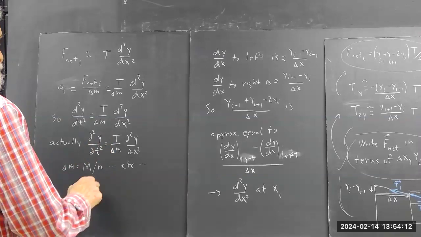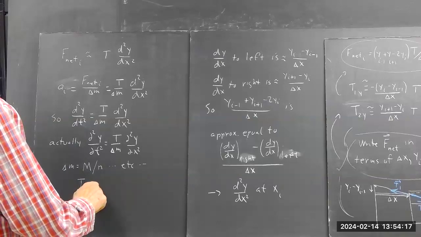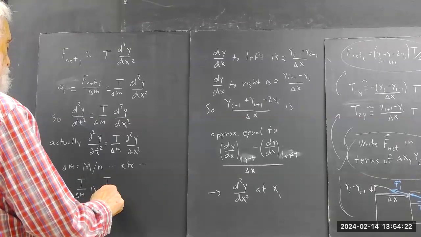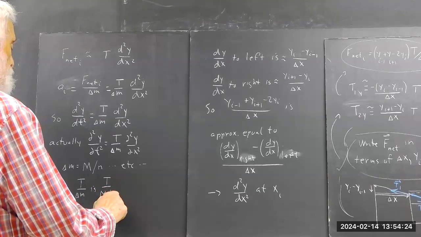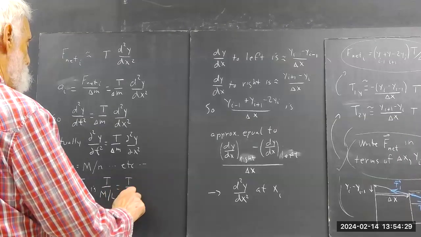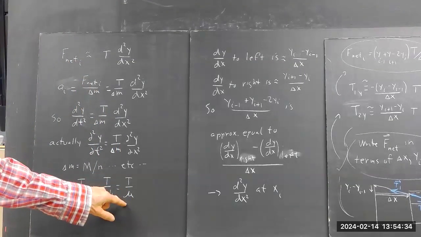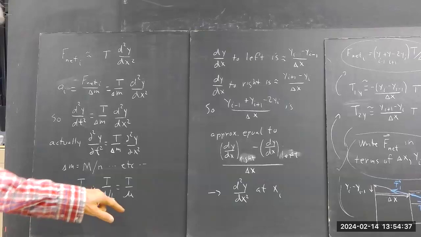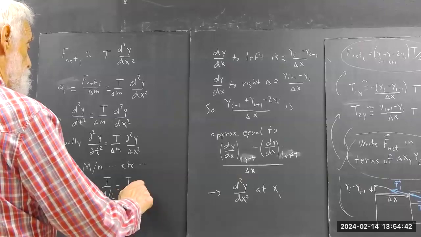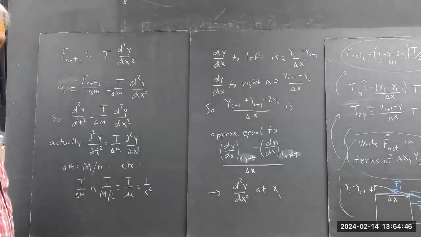You end up with this T over delta m. And that's just T over mu. There's a simple connection there. I didn't leave myself room to really bring it out. That's 1 over the square of your velocity.